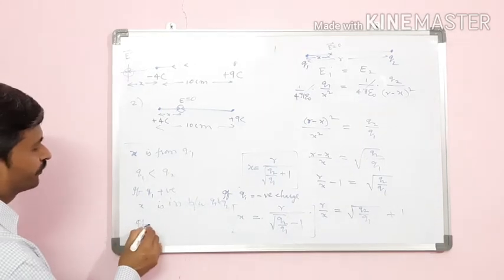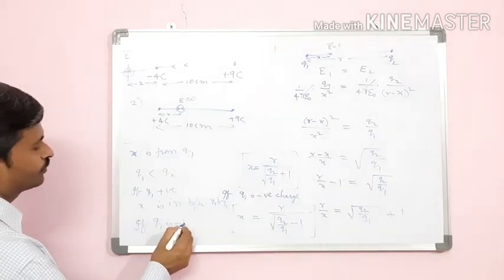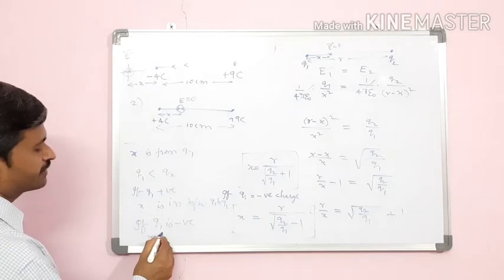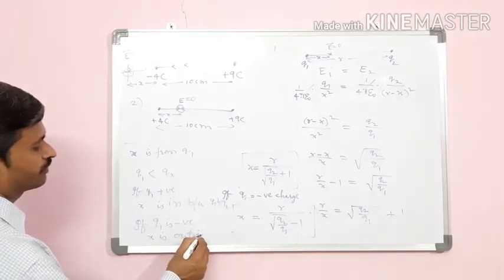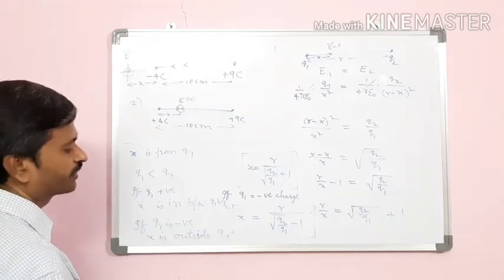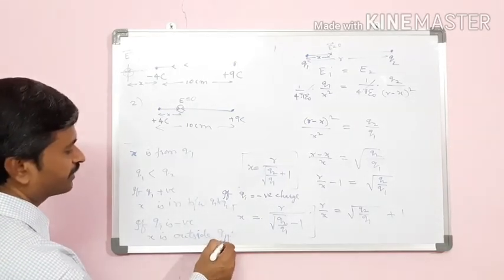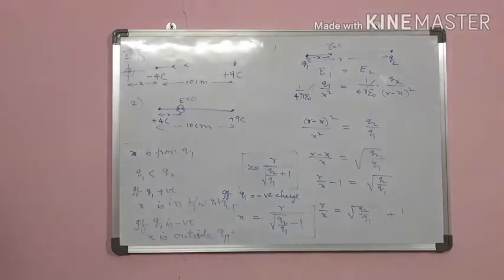If q1 is negative, x is outside q1. These things we can understand here. Clear? Right.